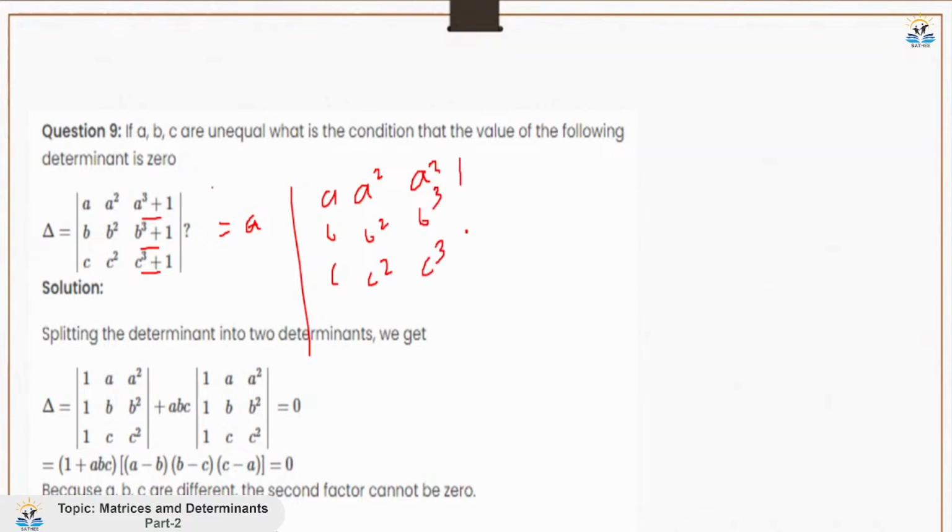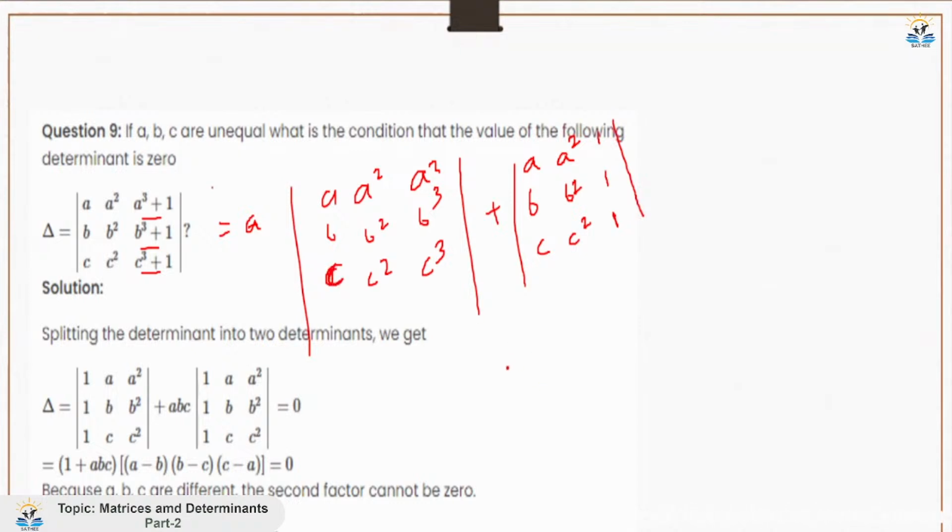These are my determinants. Then add it to A, B, C, A square, B square, C square. And since it is added to 1, the next three terms would be 1 only. This is also a property of determinants that you can separate them. Okay? So it is A, B, C.